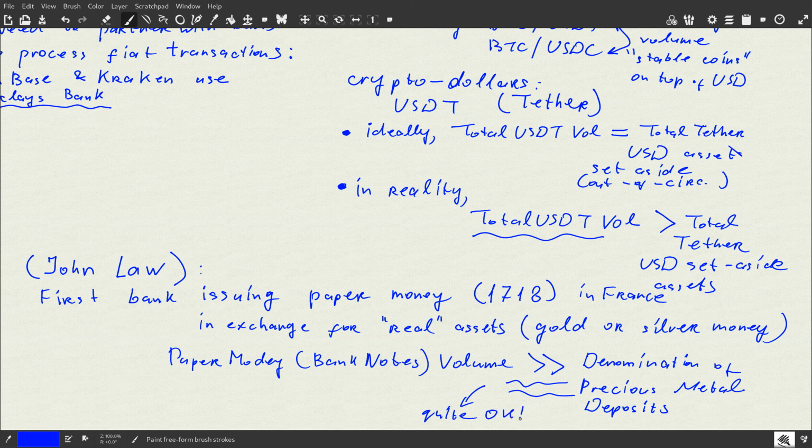So, don't say that if, for example, eventually Tether created more USDTs than the amount of USD set aside assets, that it is something bad, a kind of fraud. No, it is not a fraud.